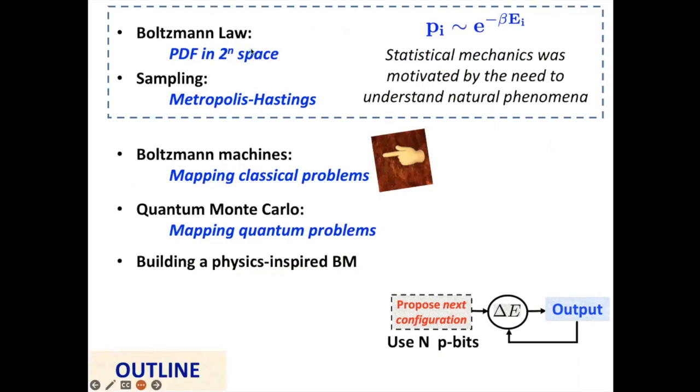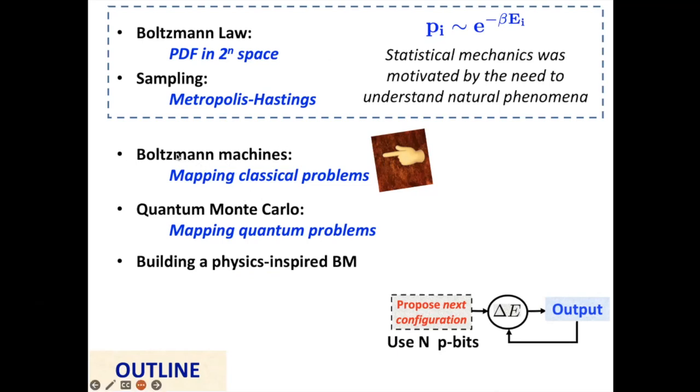And these are all, as I said, very well developed fields. There's lots of work on these ideas, and much of it is motivated by statistical mechanics, you see, where the objective was to understand natural phenomena. Whereas nowadays, there's a lot of interest in using it to solve real-world problems.